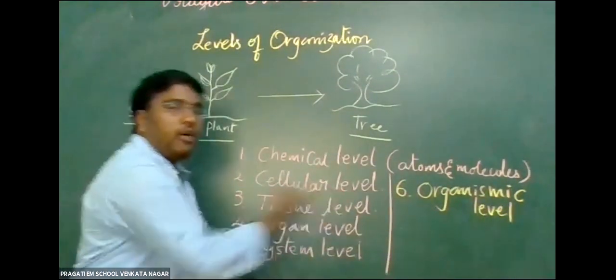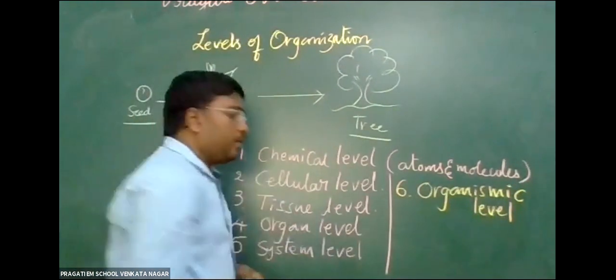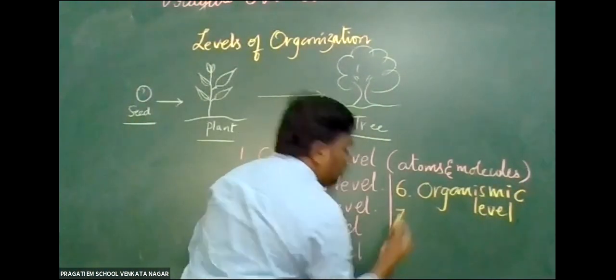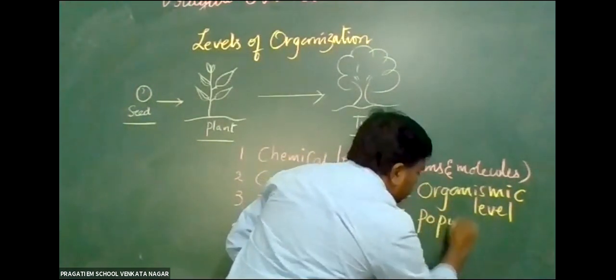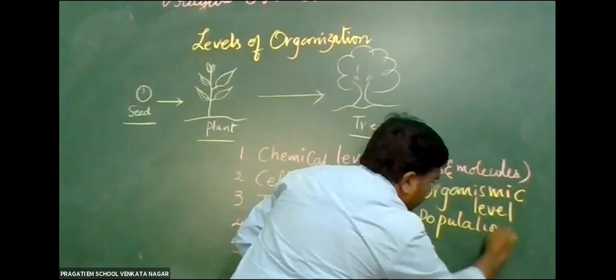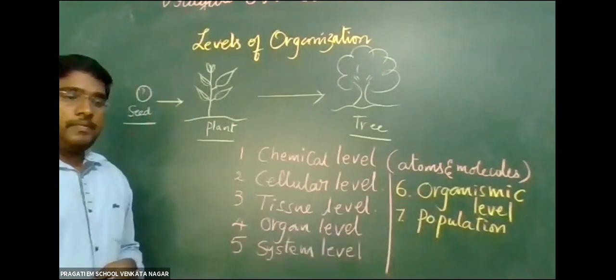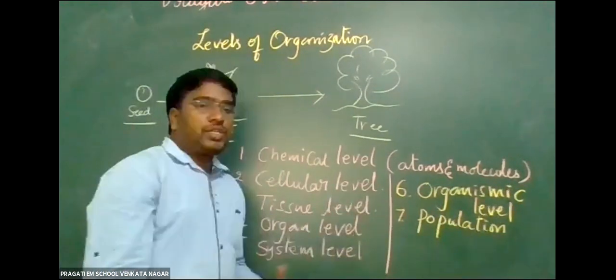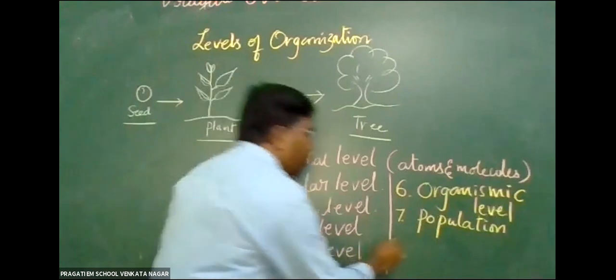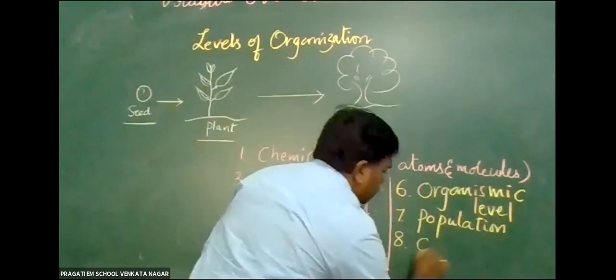And the group of organisms are combined to form the seventh level, that is population. Again, these populations are grouped to form different types of communities.